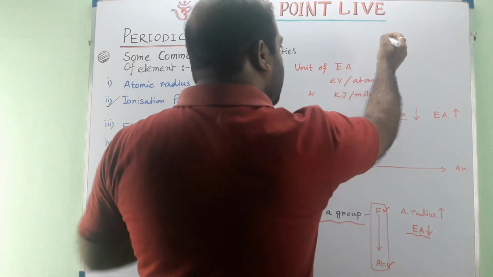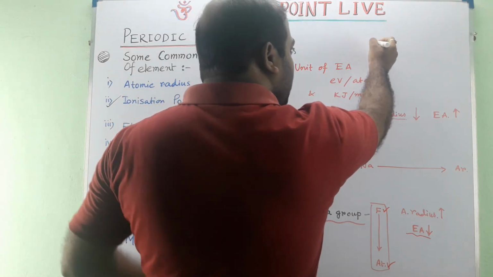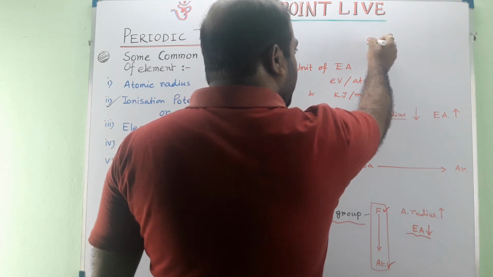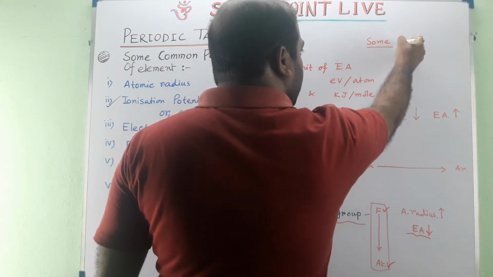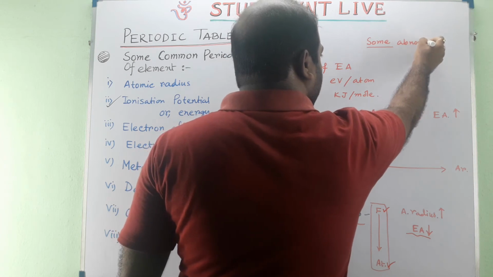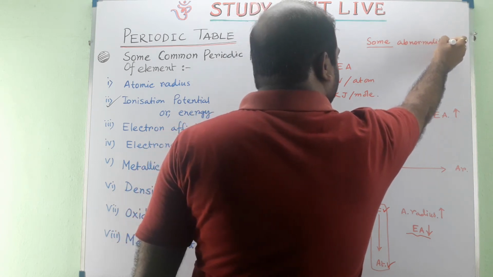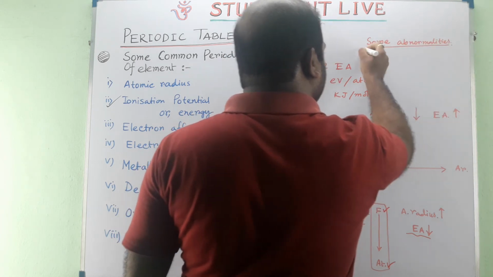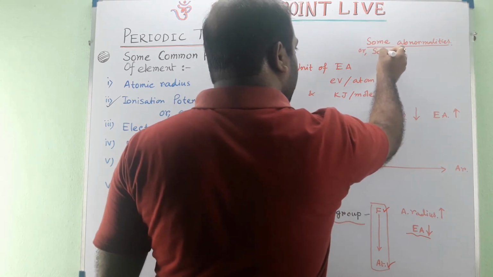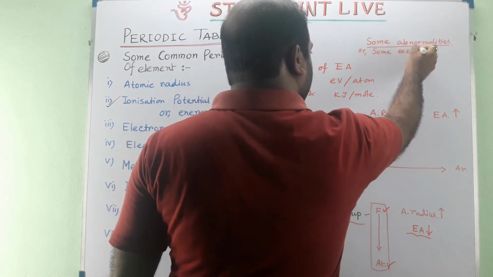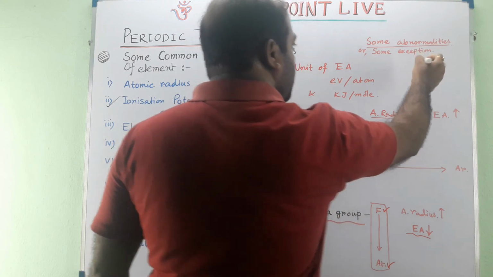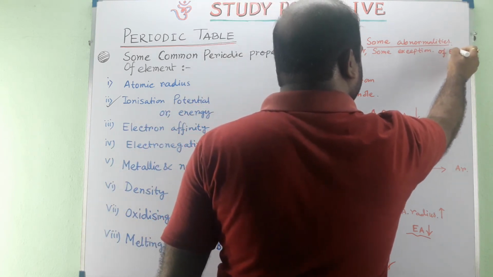Now we are going to discuss some abnormalities or some exceptions of electron affinity.